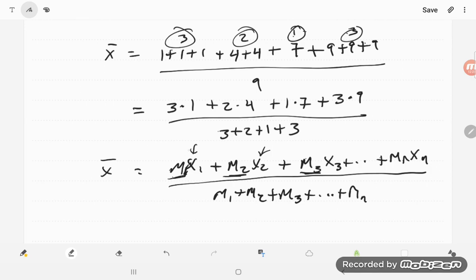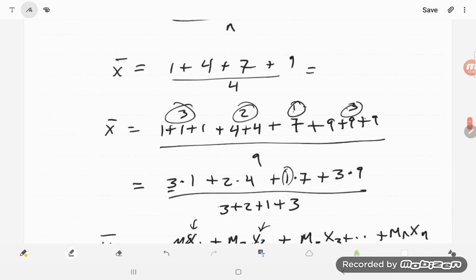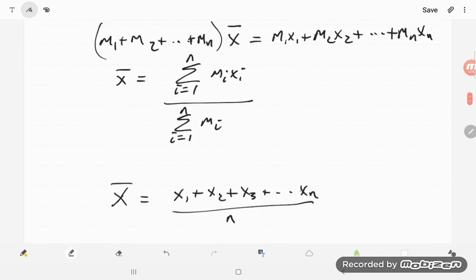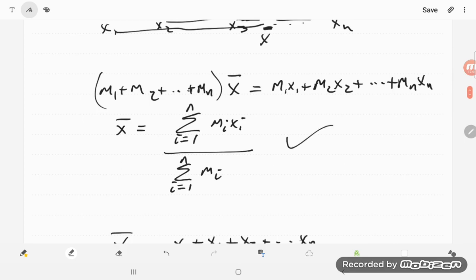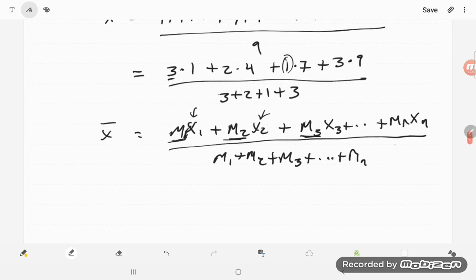If I had 3 of the 1s and only 1 of the 7s, I had 3 times as many. It was 3 times as big or something like that. It's like a mass. And so these two formulas, this one here and this one here, are the same darn formula for this thing we call an x bar.